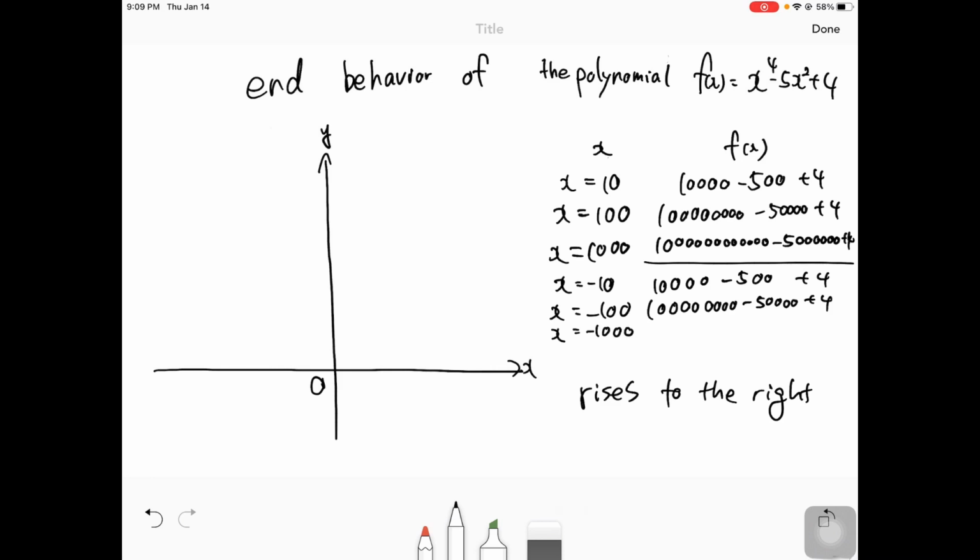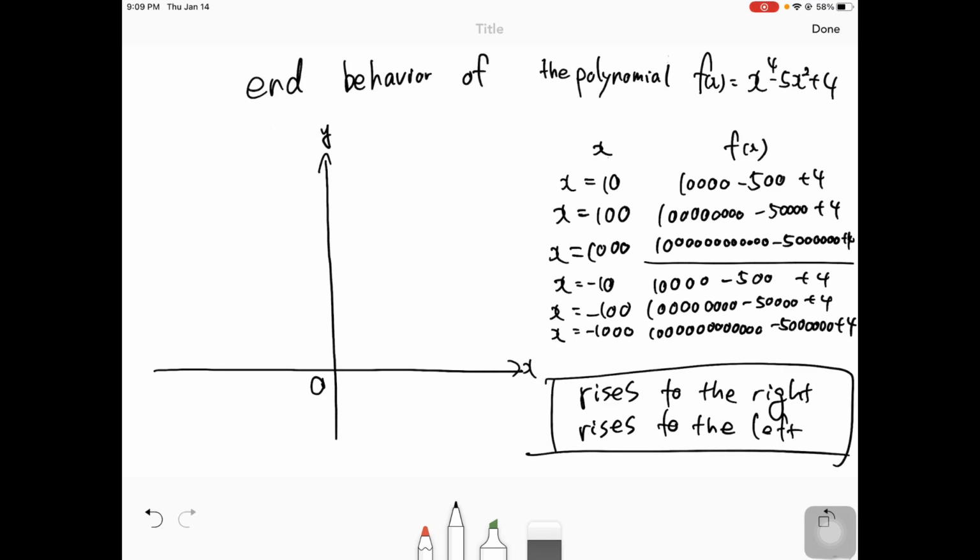And next one, negative 1000. Again, the x to the power 4 term is huge, negative 5 times a smaller number, plus 4. And when x is really small, the y value is also really big again. So it rises to the left. Oops. This is the answer.